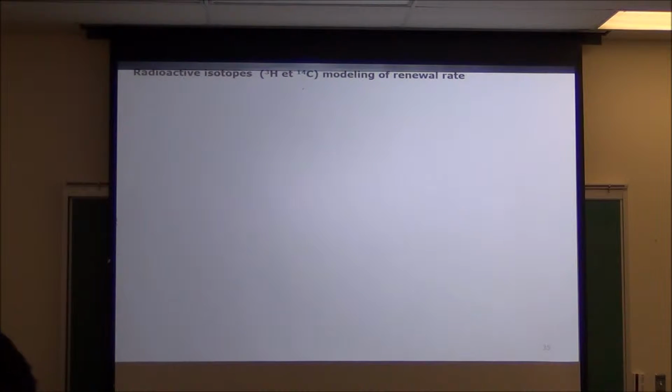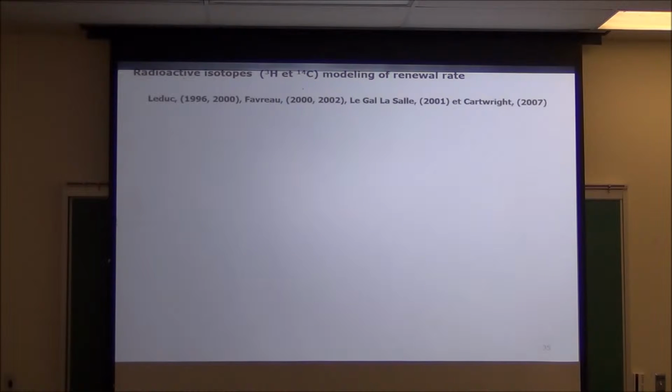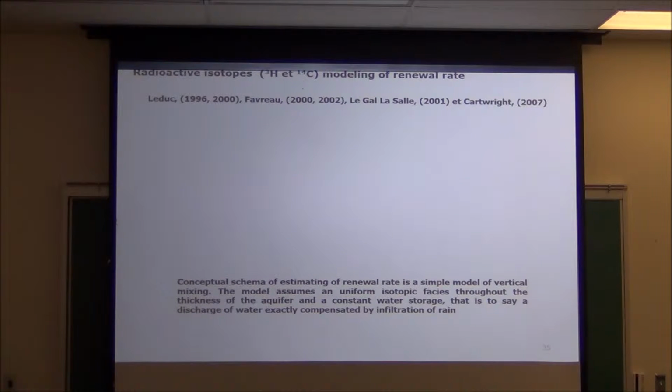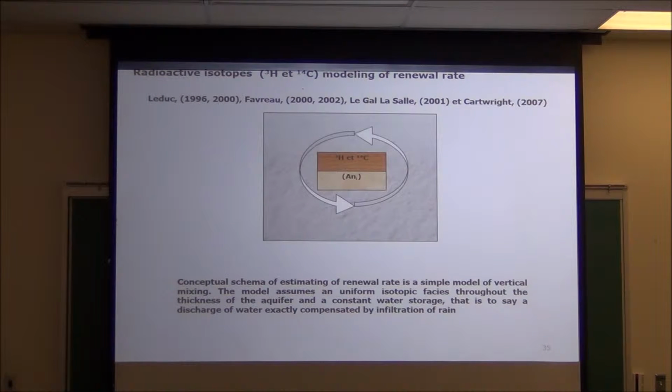The tritium and also the carbon-14 can be used in the modeling of renewal rate and the estimation of the recharge rate. For this purpose, we use a conceptual schema of a model for the estimate of the renewal rate. It's a simple model of vertical mixing.